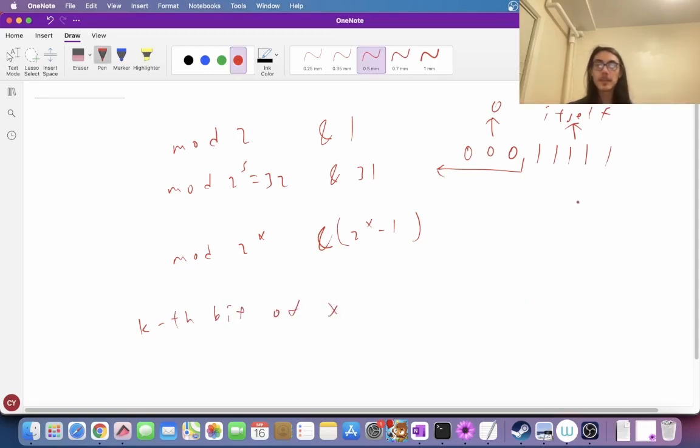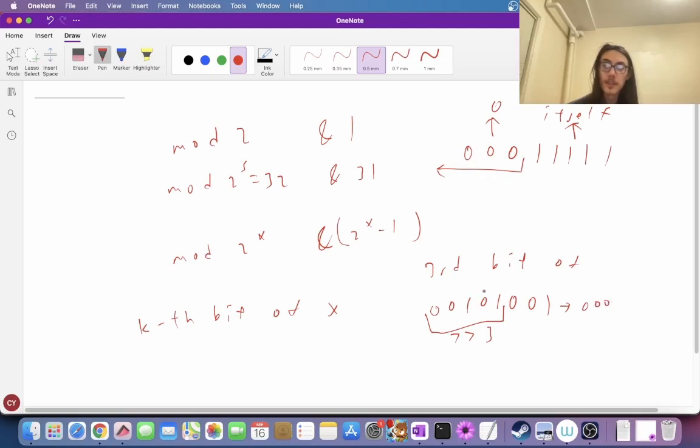One way to do that is we can use shifts. For example, say we want the 3rd bit of 0, 0, 1, 0, 1. It doesn't really matter what the number is. First we can shift this 3 to the right, so that it becomes this plus a bunch of zeros at the beginning: 0, 0, 0, 0, 0, 1, 0, 1.